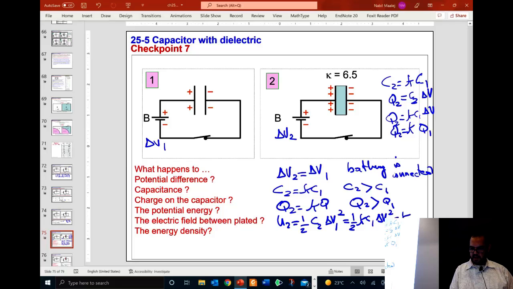So you can see this is kappa U1, because U1 is 1/2 C1 delta V1 squared, and you multiply it by kappa. So clearly U2 is larger than U1.